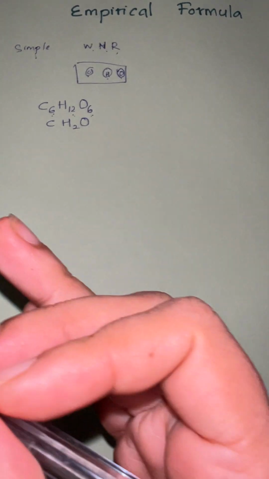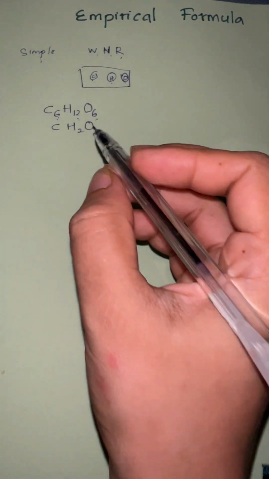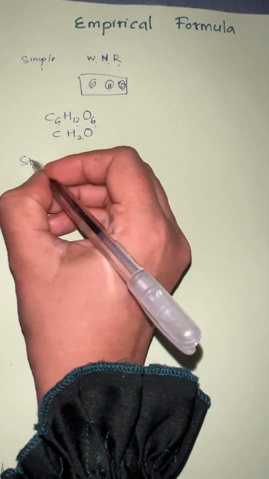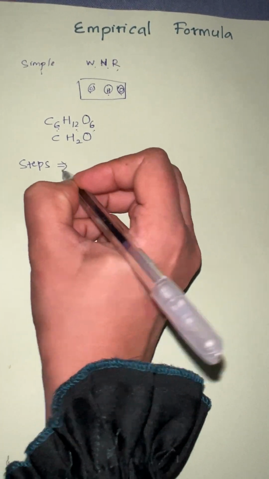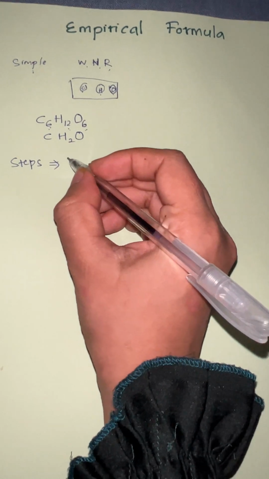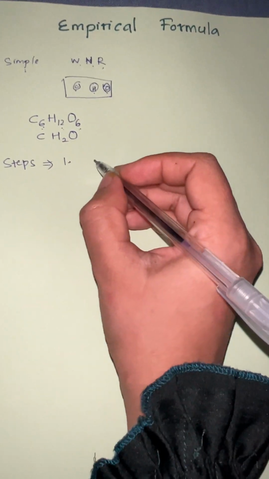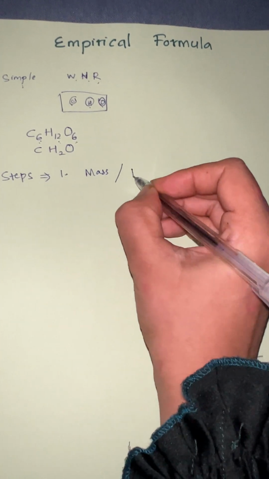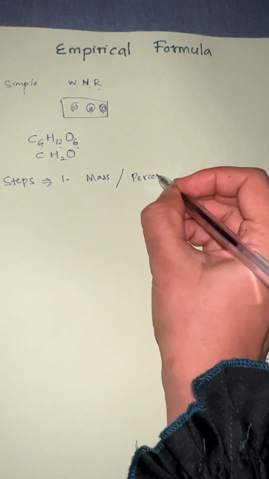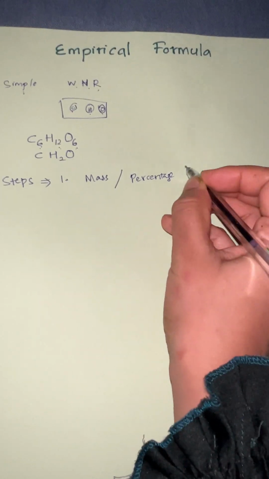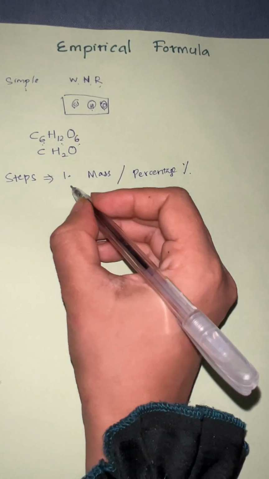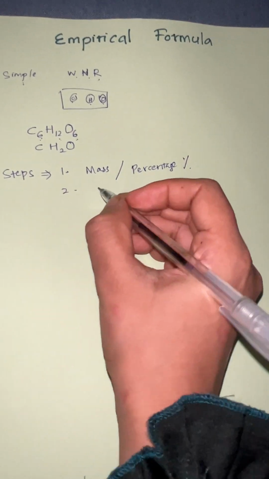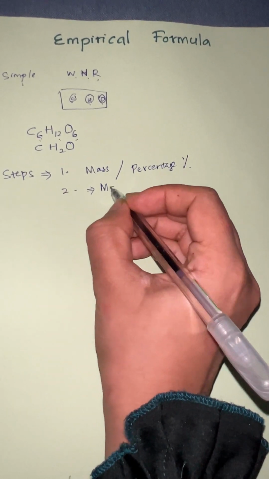So we're going to go into the calculations. What are the steps to write an empirical formula? The first step is that they will give the mass, or they will give a percentage of the elements, right? Then the second step, you have to take that and convert it into moles.